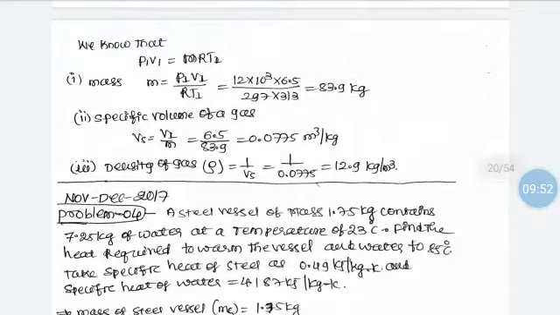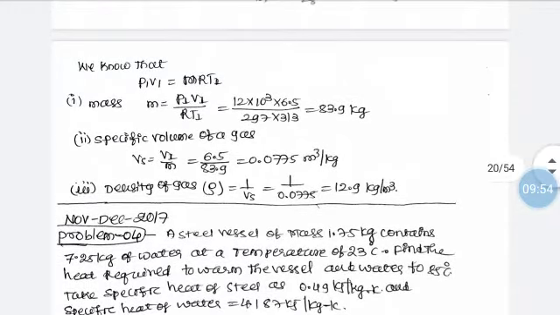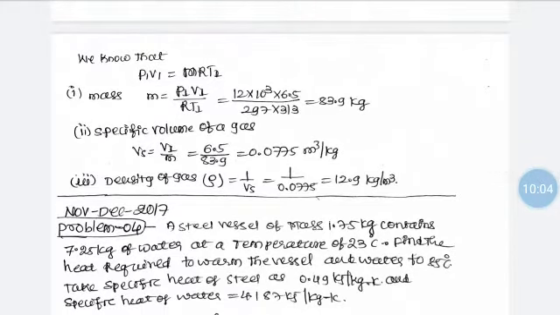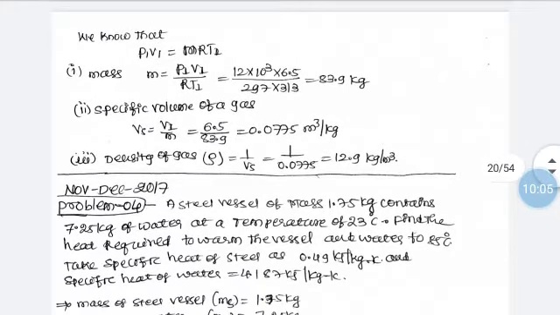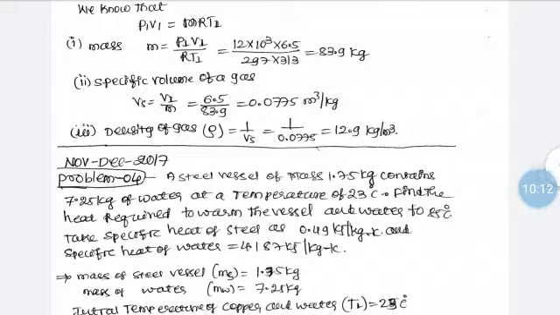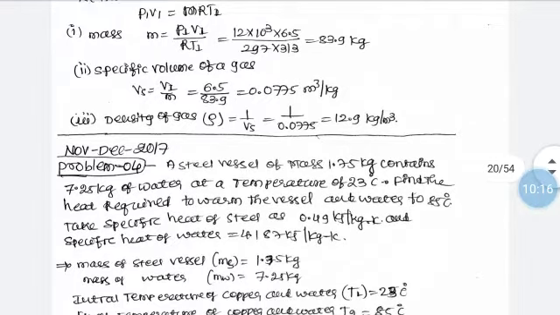Next we'll find out the specific volume of gas. V1 divided by mass gives the specific volume, which is nothing but the volume per unit mass. So we calculate specific volume as 6.5 divided by 83.9, which gives 0.0775 meter cube per kg.